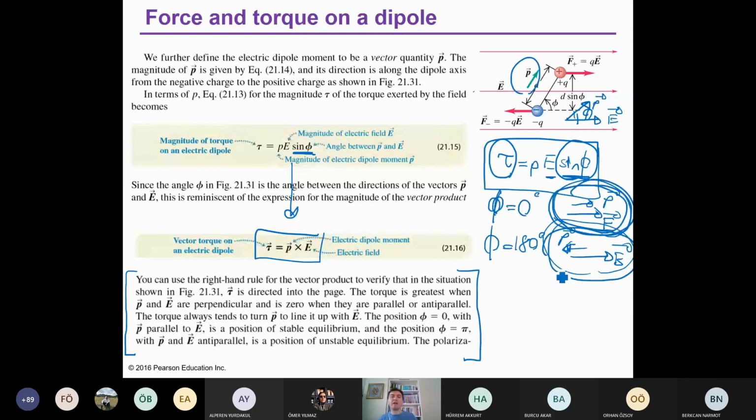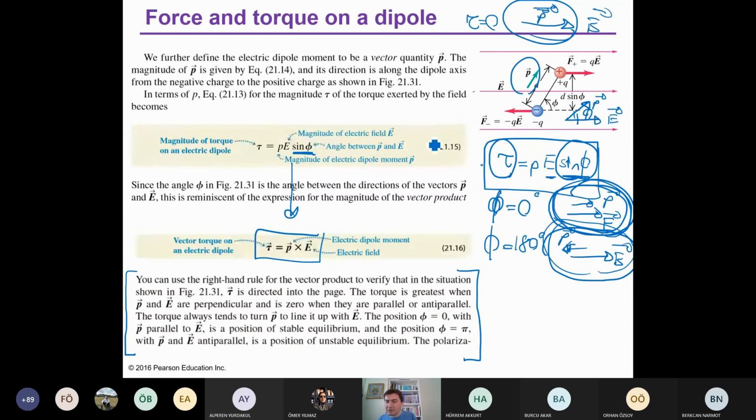We have learned stable equilibrium and unstable equilibrium in the potential energy part of physics 1. During the last semester, you have learned stable and unstable equilibriums. So what is the meaning of that? You have electric field in this direction and you have electric dipole moment in the same direction. So it is happy to stay parallel to each other because the net torque acting on the system in this condition is 0 due to this expression.